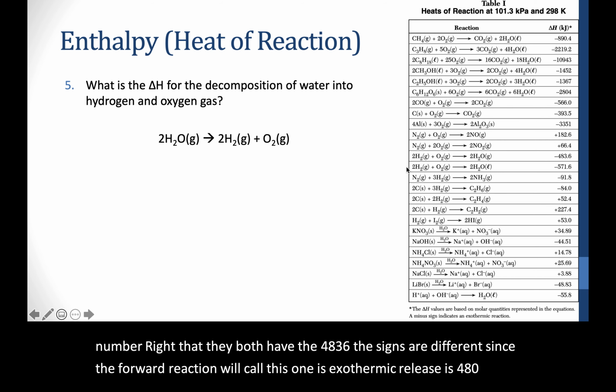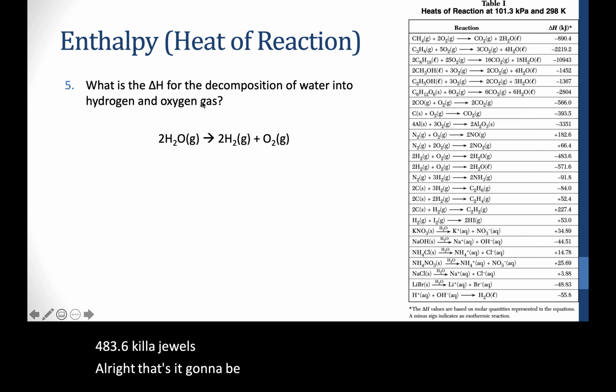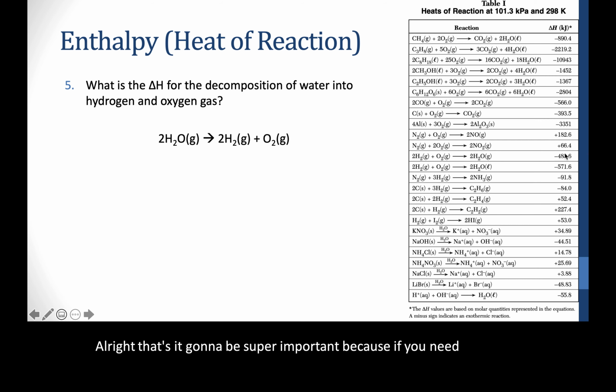The reverse reaction is endothermic, and it absorbs 483.6 kilojoules. That's going to be super important, because if you need to know the delta H of this reaction and you can't find it, you have to know that it's this one, but backwards, so I change the sign. If it's written just like it is here, you just take the exact sign and number. If it's backwards, you change the sign.